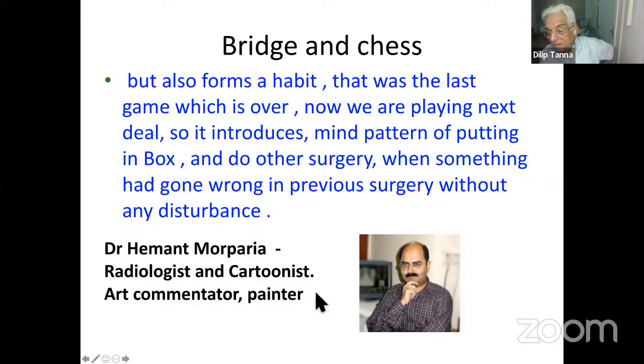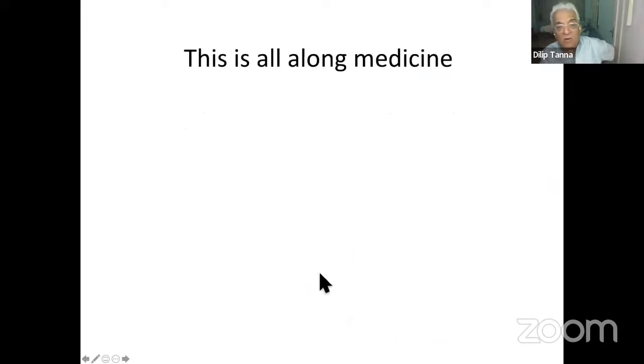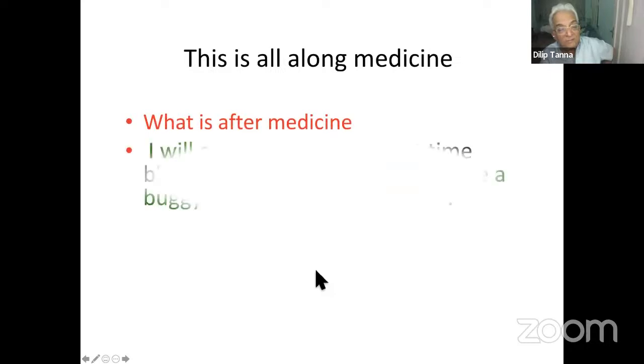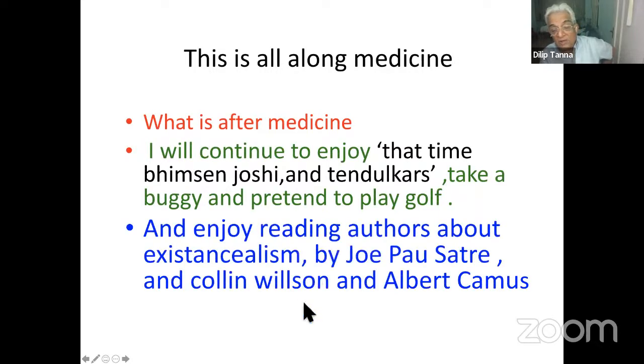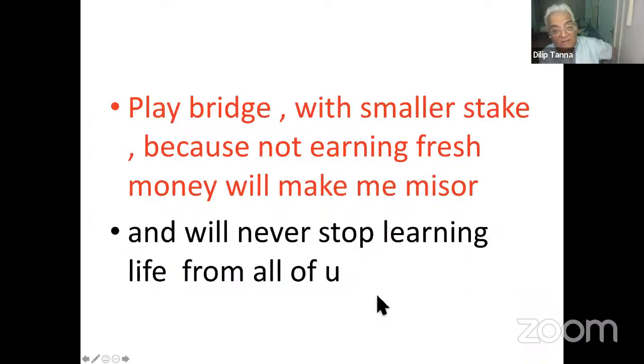You can do 1,000 things just because you are a doctor. It's not that you cannot do many things. This is all along with medicine. What is after medicine? I'll continue to enjoy that time with Bhimsen Joshi and Tendulkar. Take a buggy and pretend to play golf. And enjoy reading authors about existentialism, like Jean-Paul Sartre and Colin Wilson and Albert Camus. I'm sure 95% of the people here do not know these exotic authors who have written lovely things.